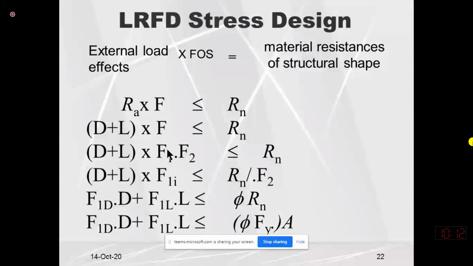We distribute the factor of safety into a major part and a minor part. Major means the one with the larger magnitude, and F2 has the lesser magnitude.